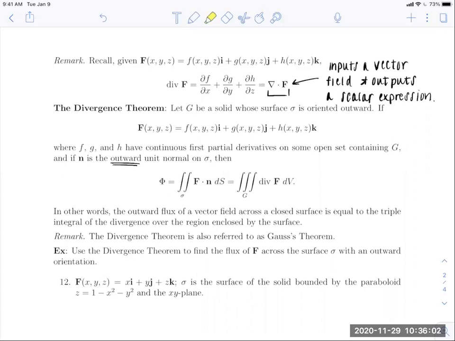All right, so it's super important here to just recall what the hypotheses are that we're using. So we're talking about a surface that is oriented outward. We have continuous first partials, and we're working with a closed surface. So as long as these things are holding, we can apply the divergence theorem to forego the surface integral and instead compute the triple integral.